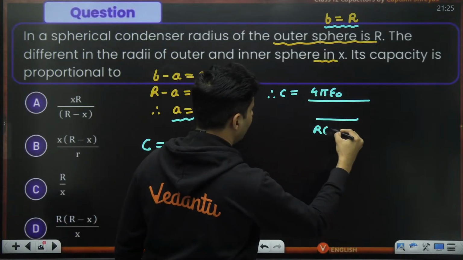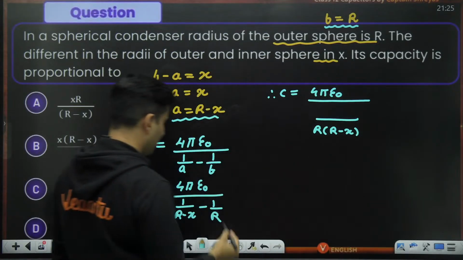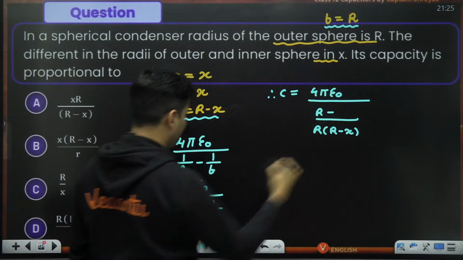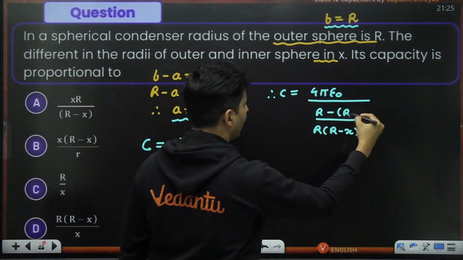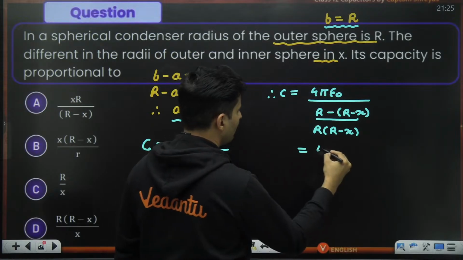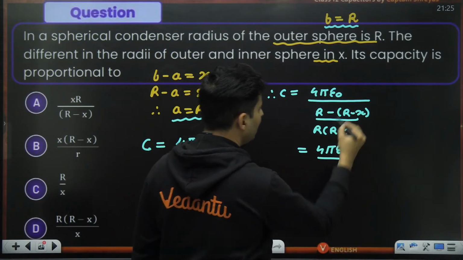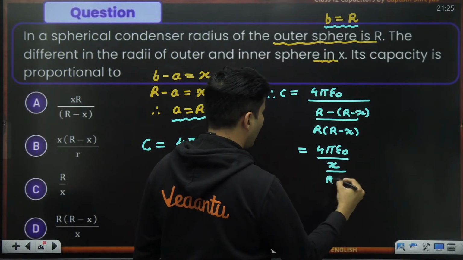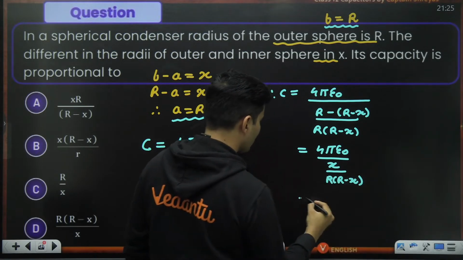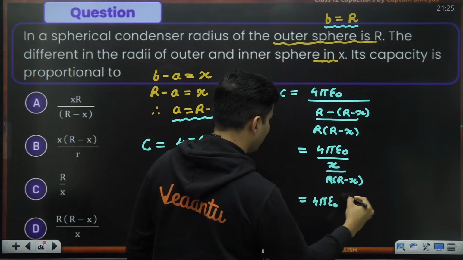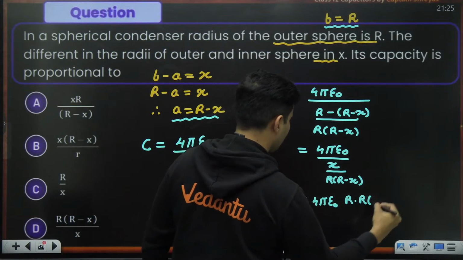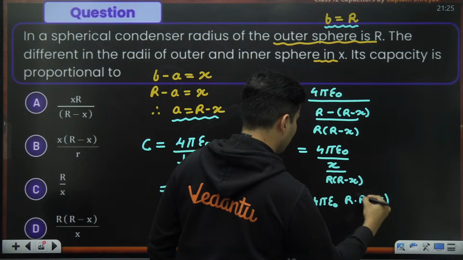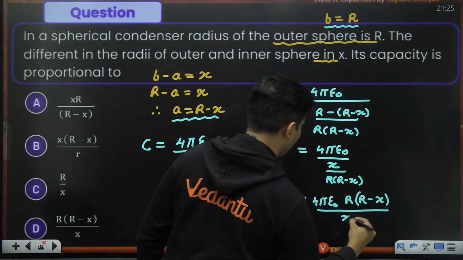So it will be R into R minus X. Then over here we'll have R and minus of R minus X. So this will be 4 pi epsilon naught. R will cancel, minus minus will become plus. So X divided by R into R minus X. So this will be 4 pi epsilon naught, R into R minus X will go on the top, the whole thing divided by X.